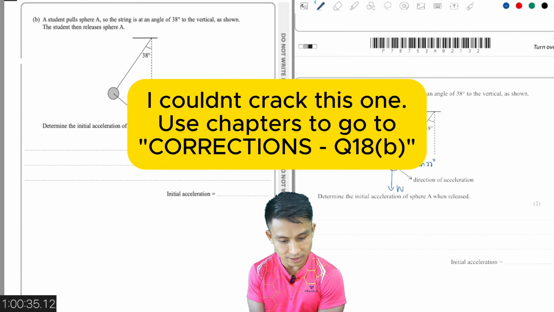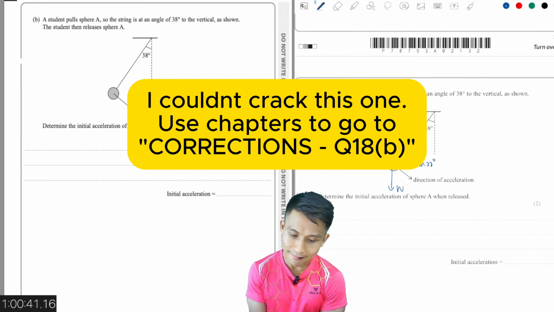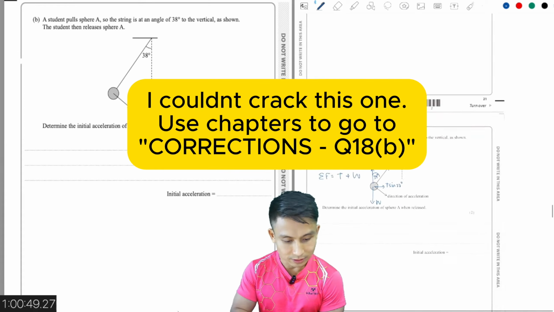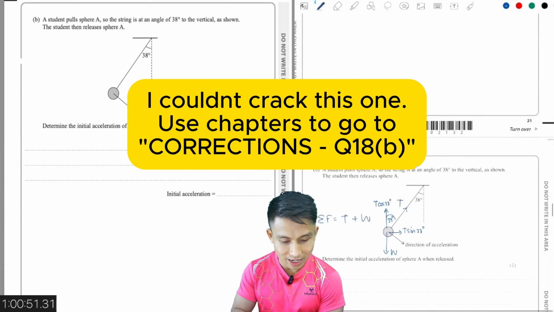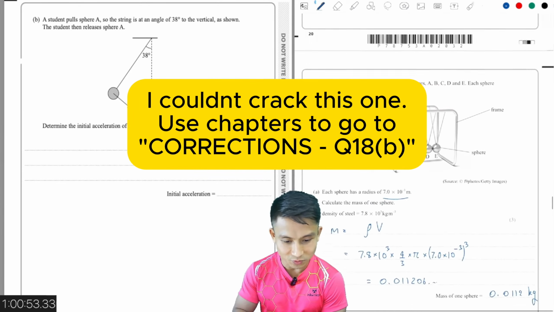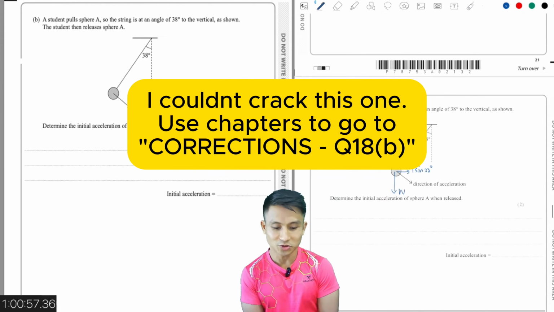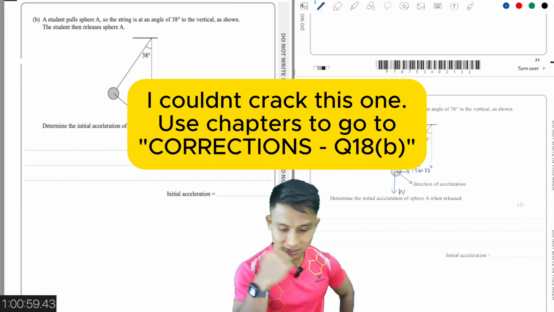T cos theta should be W, no? It doesn't say whether the diagram is drawn to scale or not. Should we take our chances? I mean, we could. No, we shouldn't. Hang on.